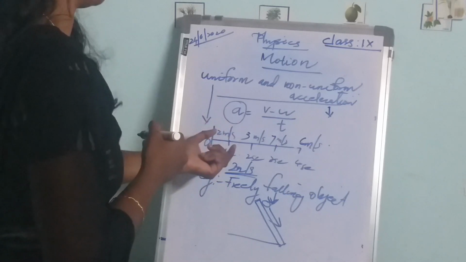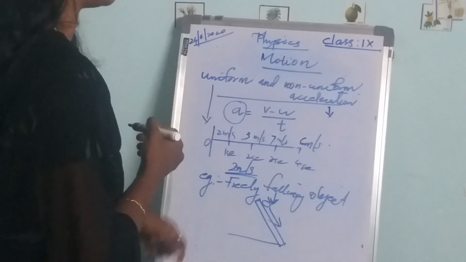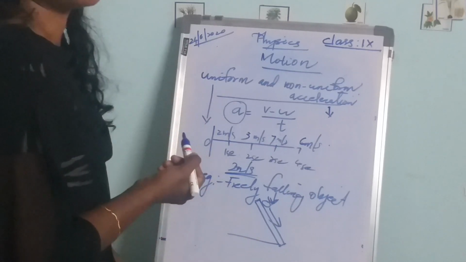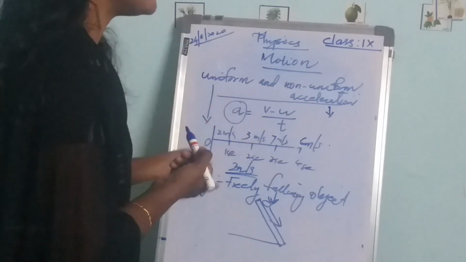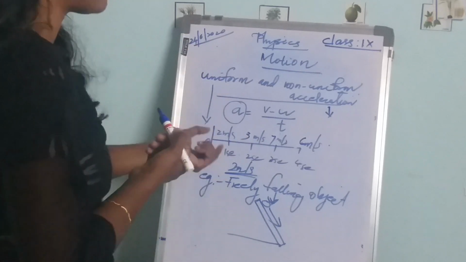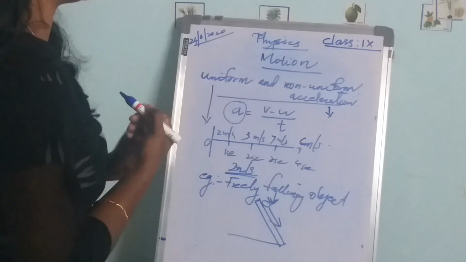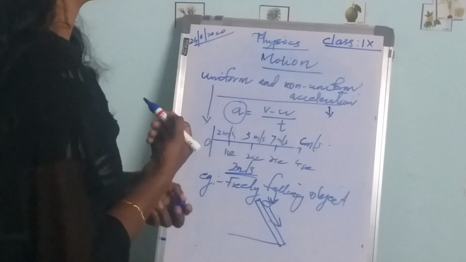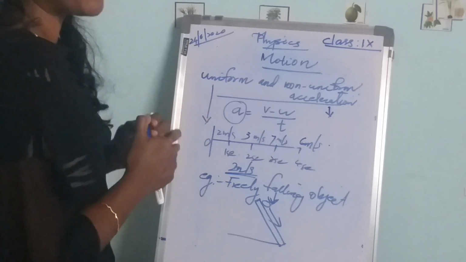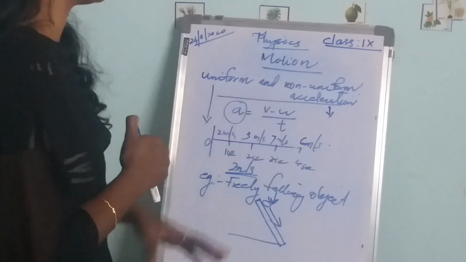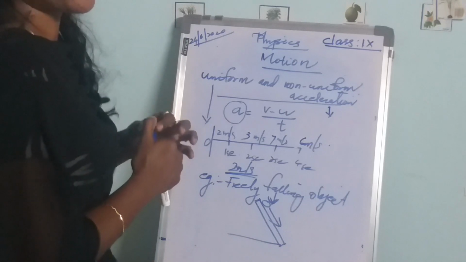That is, the change in velocity of an object is not equal in equal intervals of time, that is, the velocity changes by unequal amounts in equal intervals of time. If the velocity of an object changes by unequal amounts in equal intervals of time, then that motion is called non-uniform accelerated motion.